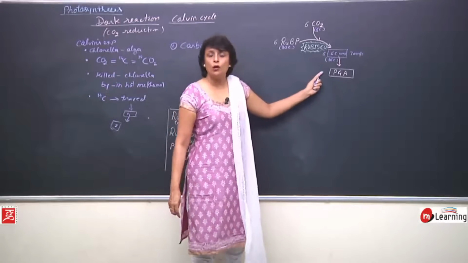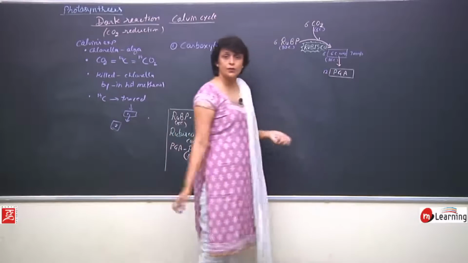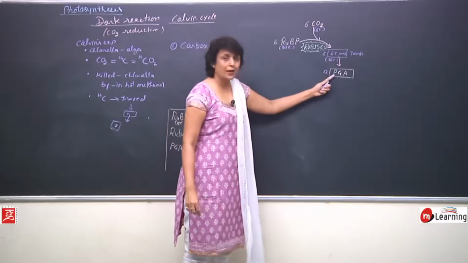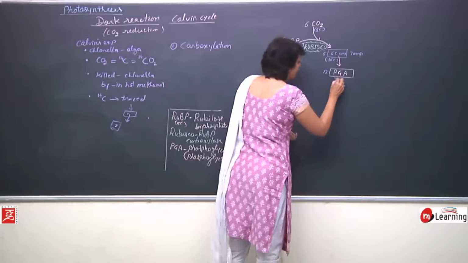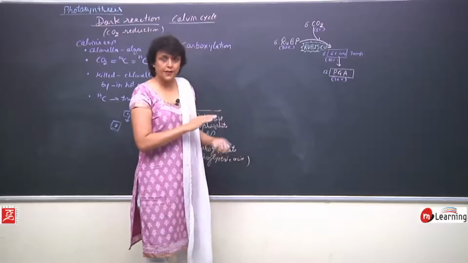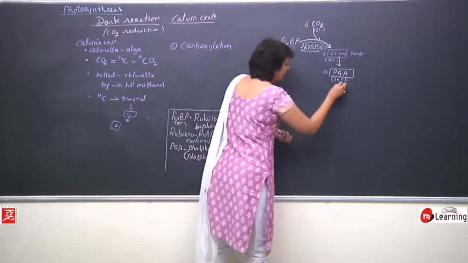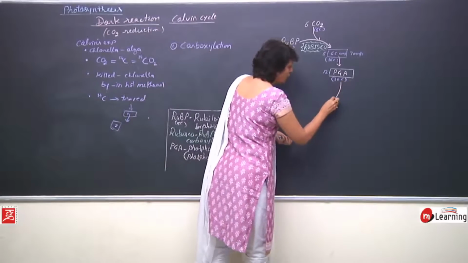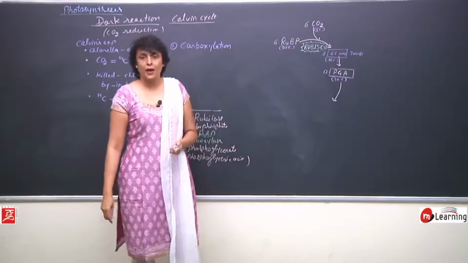So, how many molecules are formed here? 12 molecules. So, 3-carbon compound, 12 molecules of it, 12 threes are 36 carbons. So far everything is matching, the carbon numbers and all. Now, this phosphoglyceric acid undergoes phosphorylation.